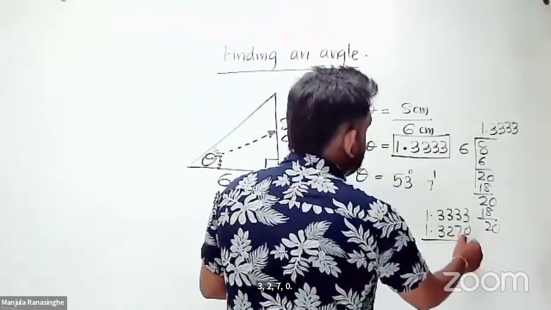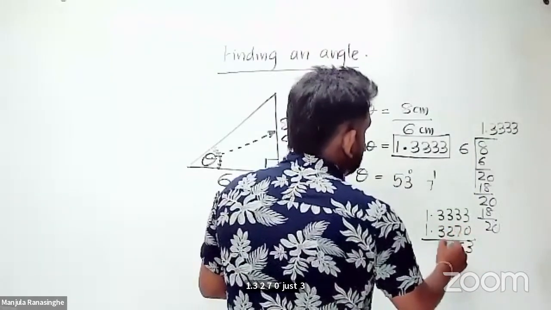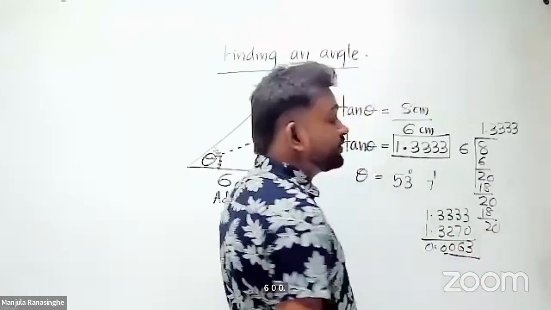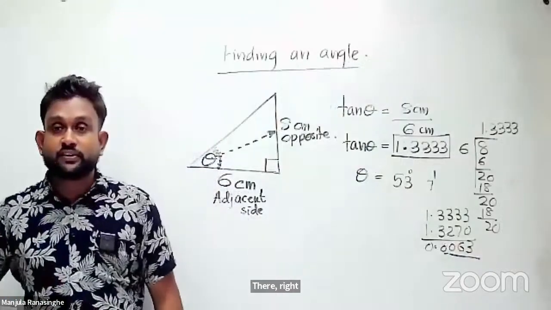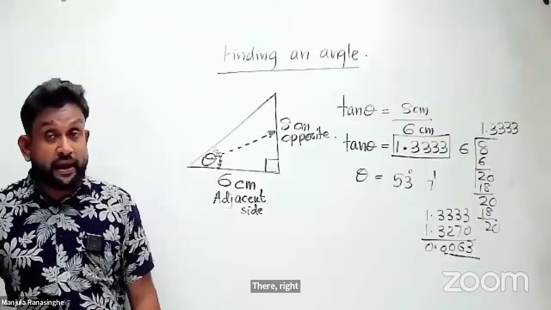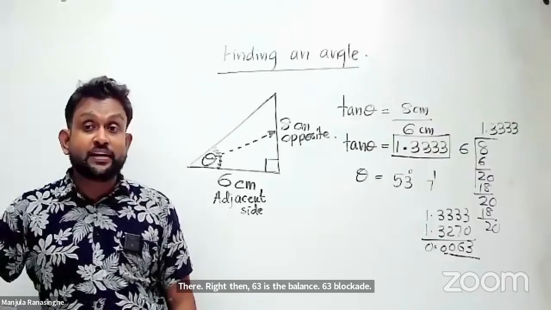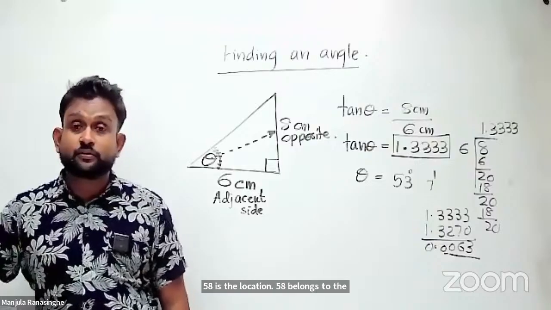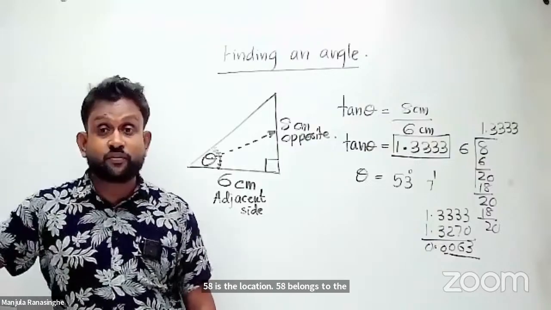Just subtract, and then 63 is the balance. 63 is located, 58 is the location. 58 belongs to the mean difference of 7 minutes. 7 minutes in the mean difference column.